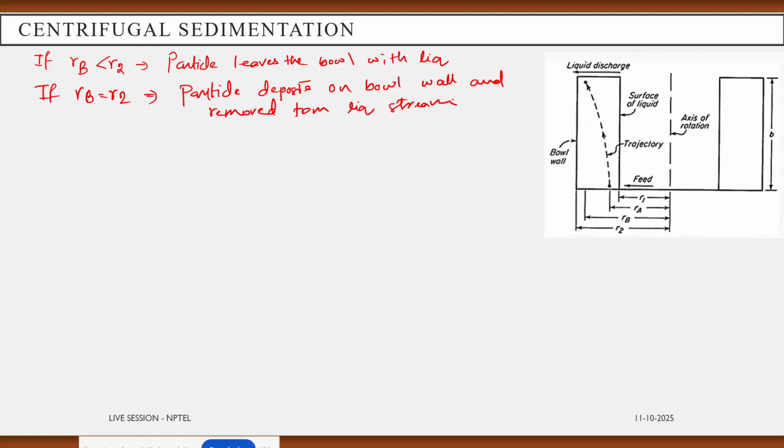Now we are assuming this follows Stokes law. We get the terminal settling velocity of the particle as r omega square (rho particle minus rho liquid) dp square by 18 mu, where ut we can also write as dr by dt.